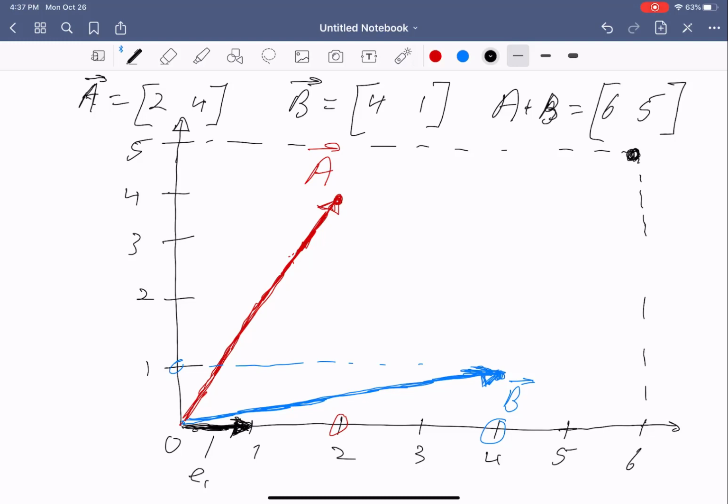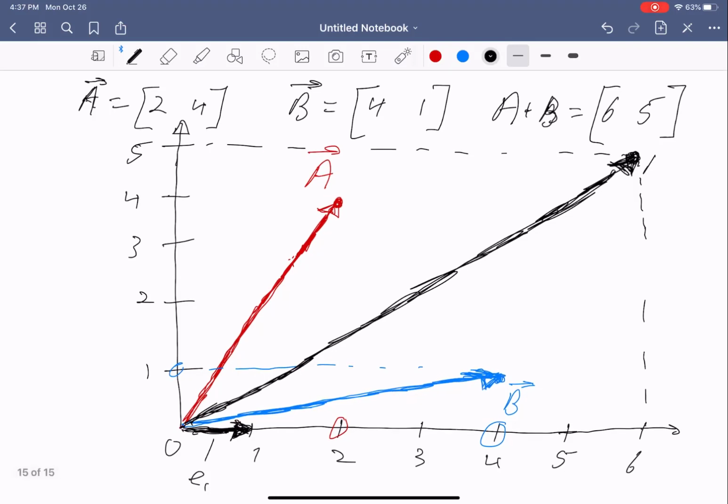So this is where the sum of these 2 vectors goes. All right, let's thicken that line just a little bit to make it a little clearer. All right, so this is the sum of A plus B.